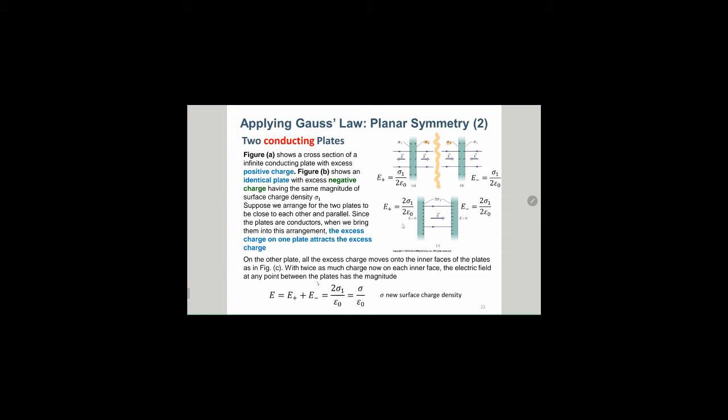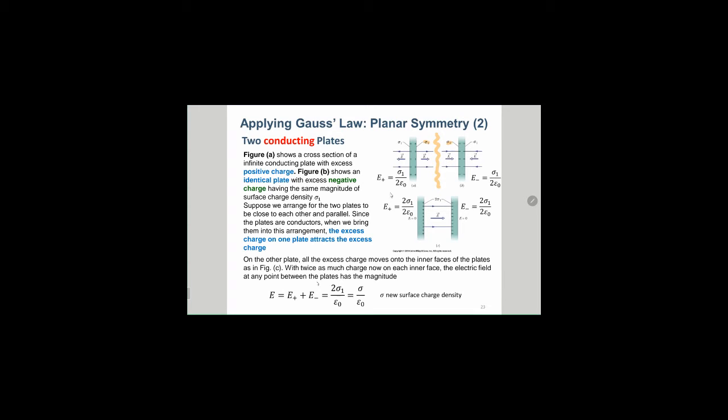Okay, so in that case, you can consider we add these two figures together. On the left part, it is like the E field pointing to the left side plus the E field pointing to the right side, and the magnitudes are the same but pointing to opposite sides, so they perfectly cancel.